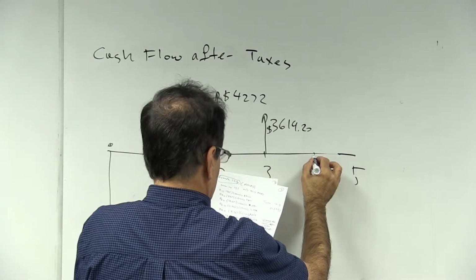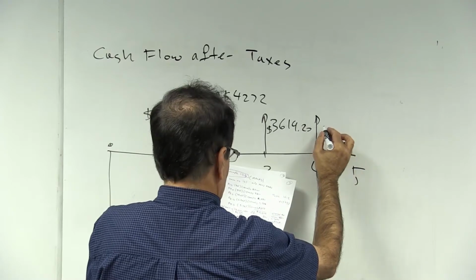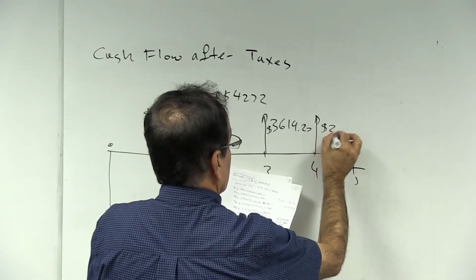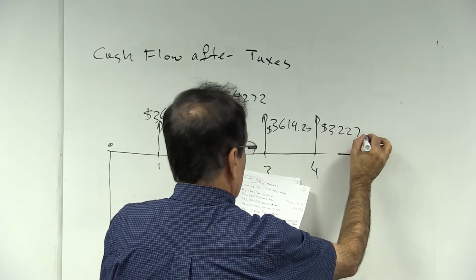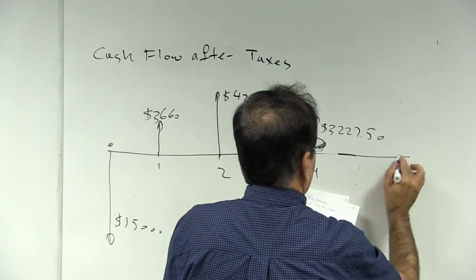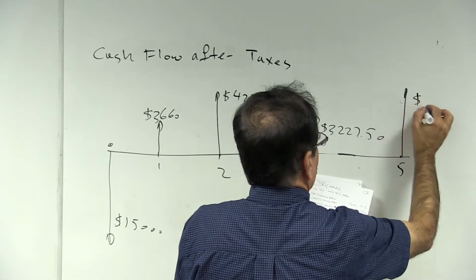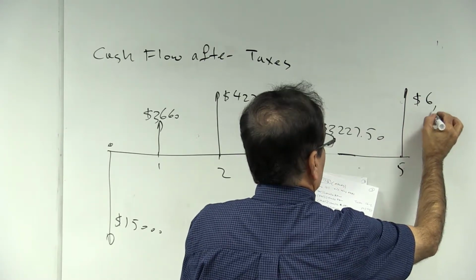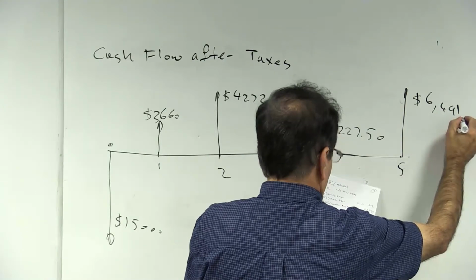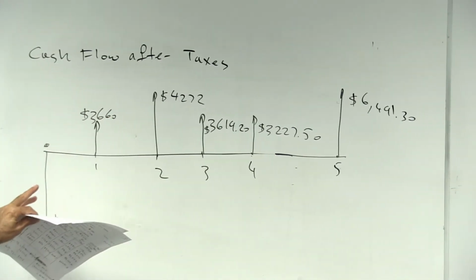And year 4 is going to be equal to 3,227.50. And year 5 is going to be 6,491.30.